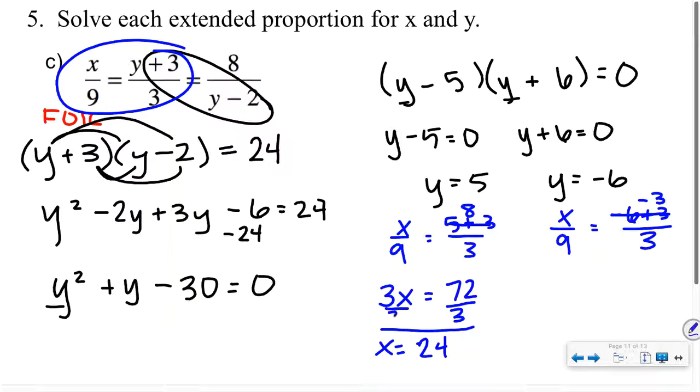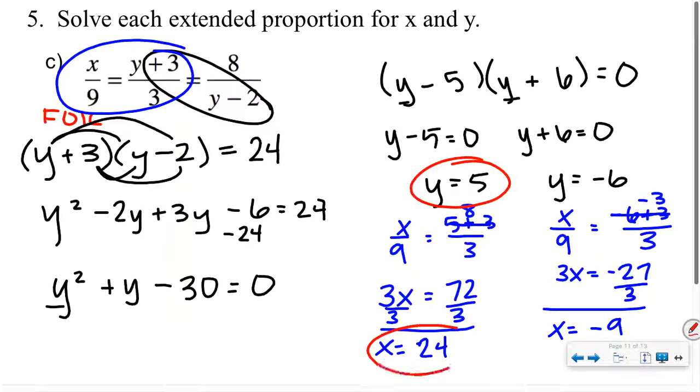Cross multiply here and I get 3x equals negative 27. Divide both sides by 3 and x would have to be negative 9. So when y is 5, x is 24.